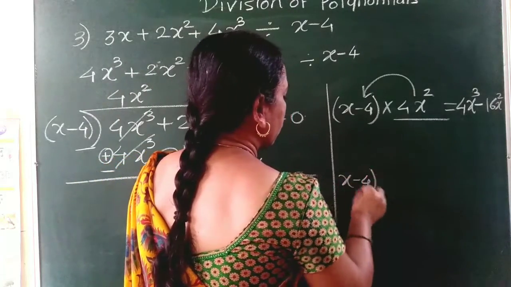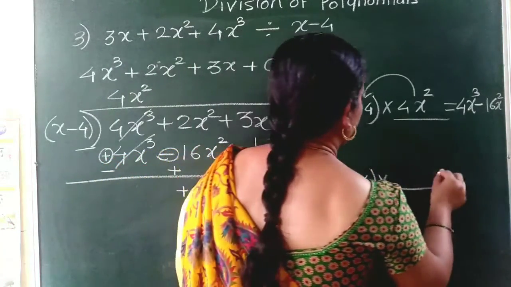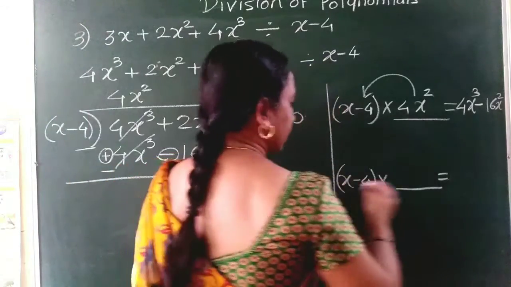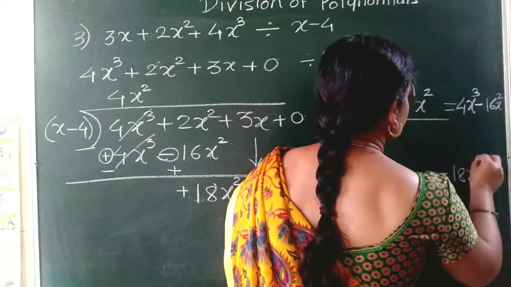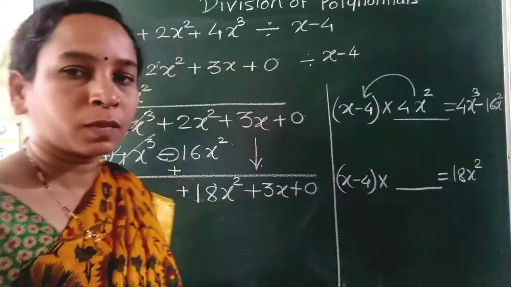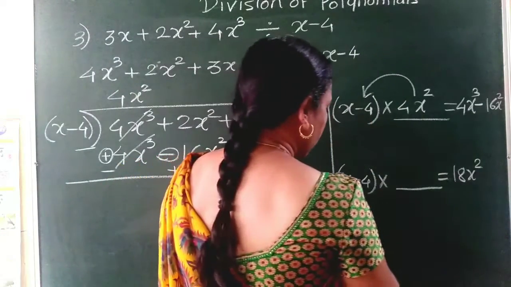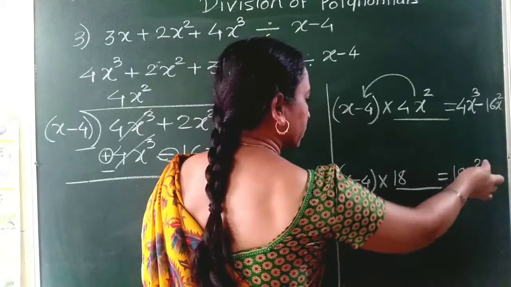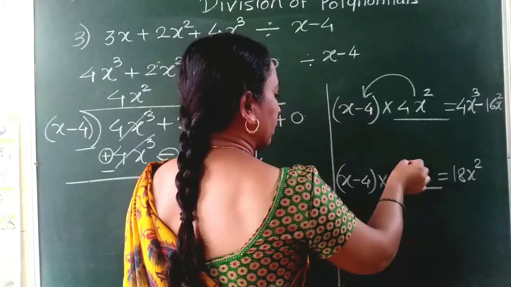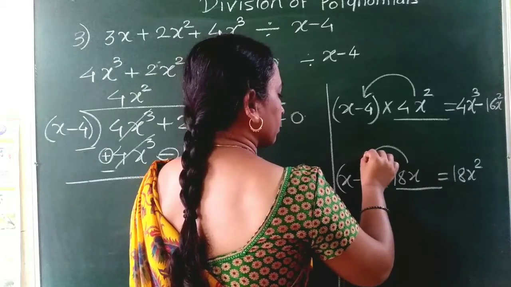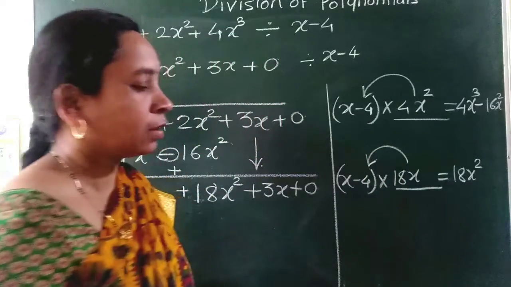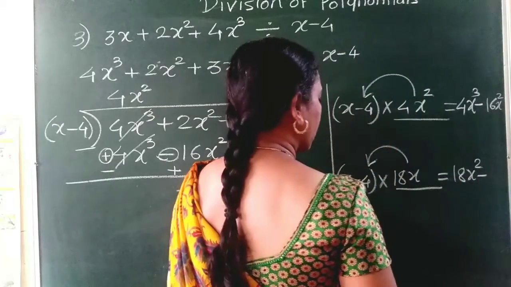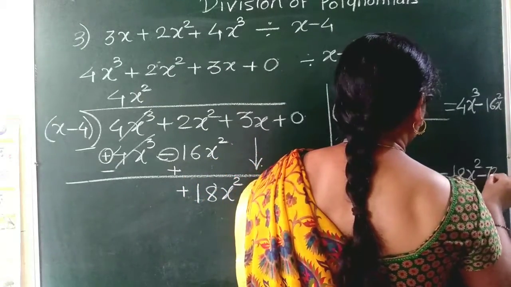Now we'll find the second quotient. x minus 4, 18x square. Balance the equation. 1 18s are here, x square, that means x is needed. Now multiply these terms. So I'll get minus 18 fours, 72x.